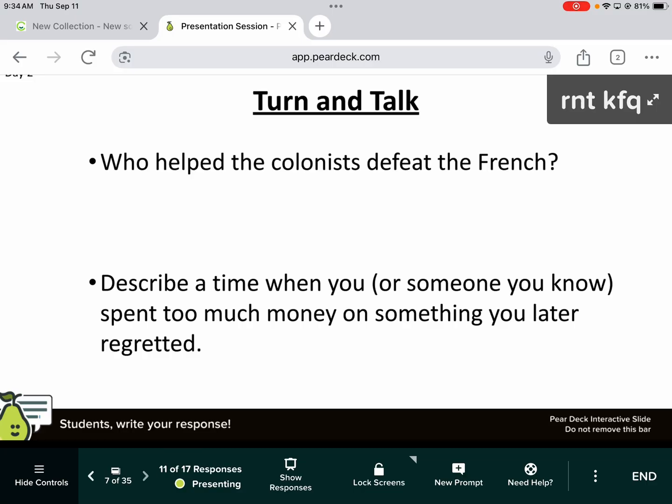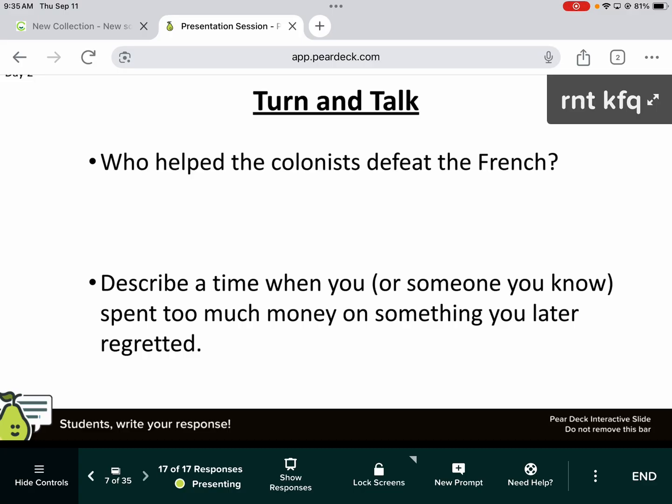Sixth period, put a star in the top left-hand corner of this page. Make sure you put your name at the end of your turn-in talks. And then write in complete sentences.